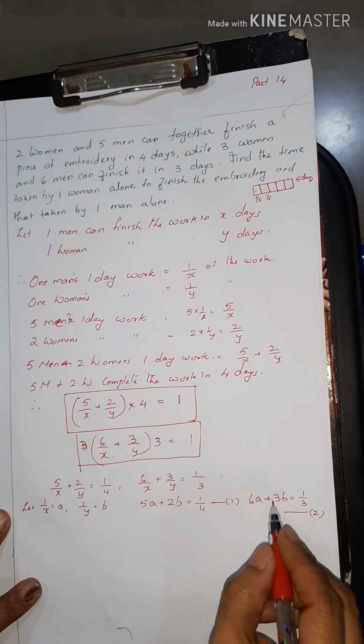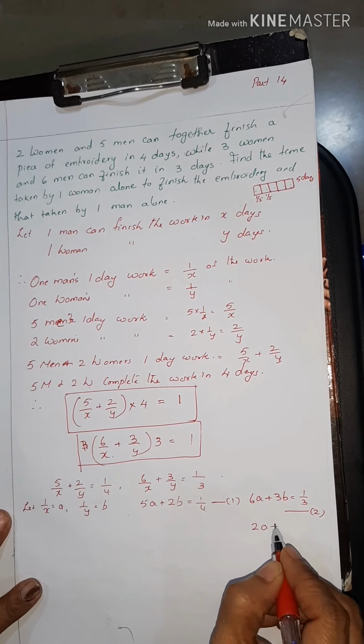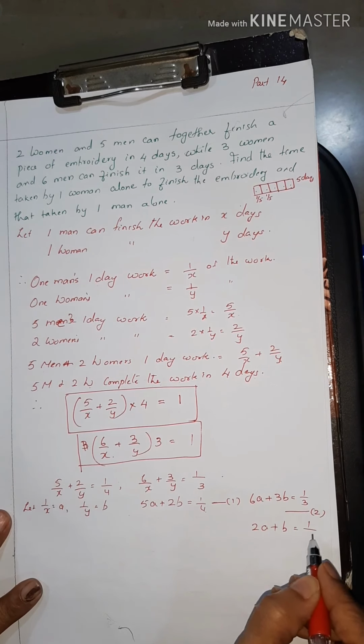So this is equal to 2a plus b is equal to 1 by 9.